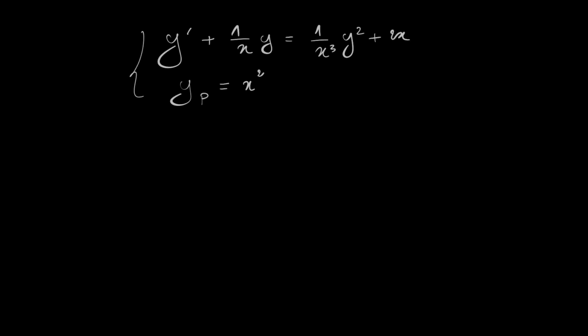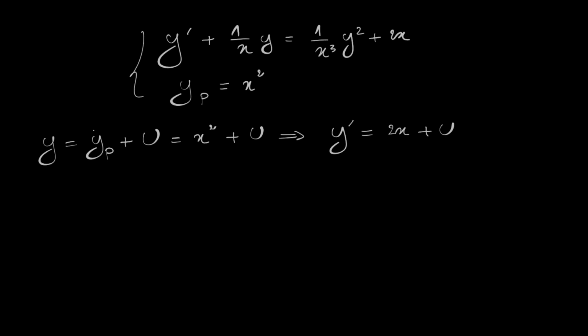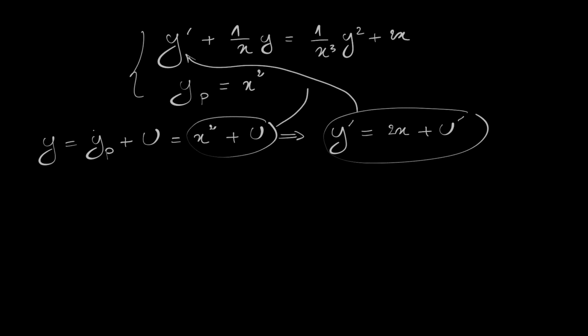First, we apply our substitution y equals the particular solution plus the unknown function, which is x squared plus u. We calculate the derivative y prime equals 2x plus u prime. We plug this here and this here and here.